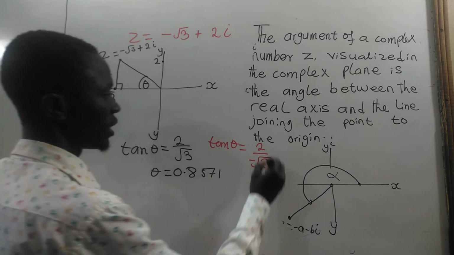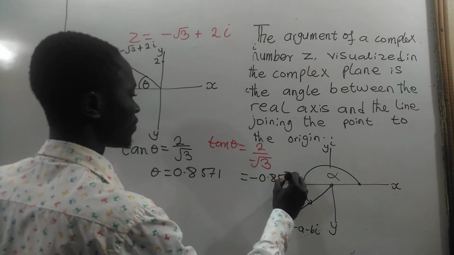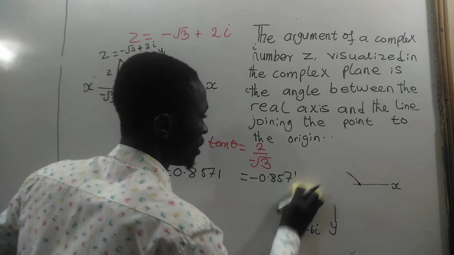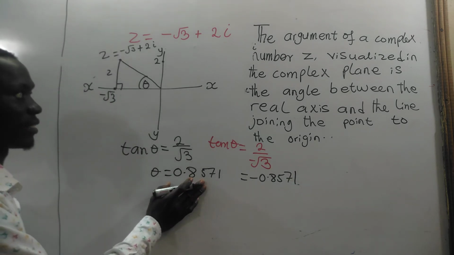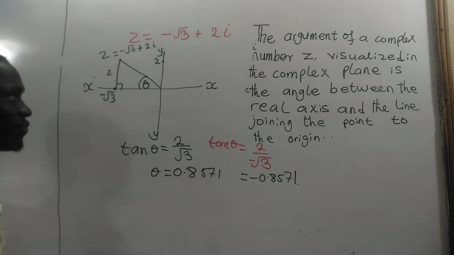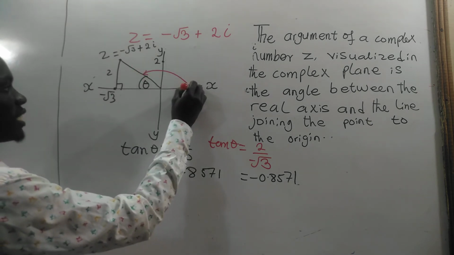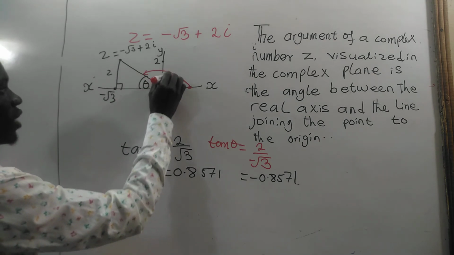And here we are going to get this to be equal to negative 0.8571. Very simple as that. So here, if we take this direction, the angle that we are looking for, or the argument, is from the positive real axis to the line joining z and then the center. So we are looking for alpha.